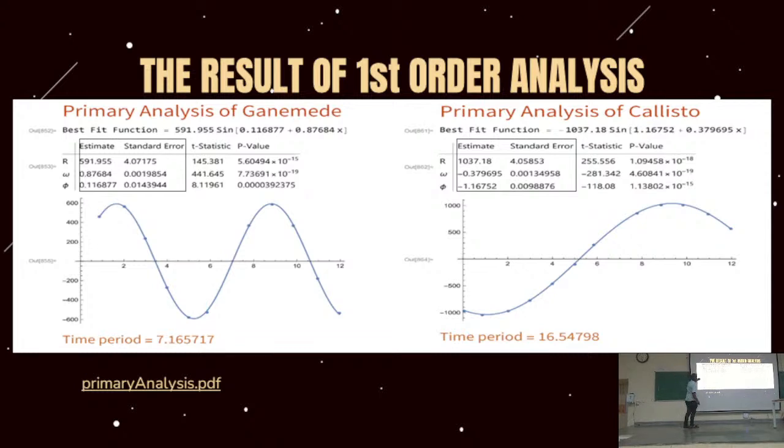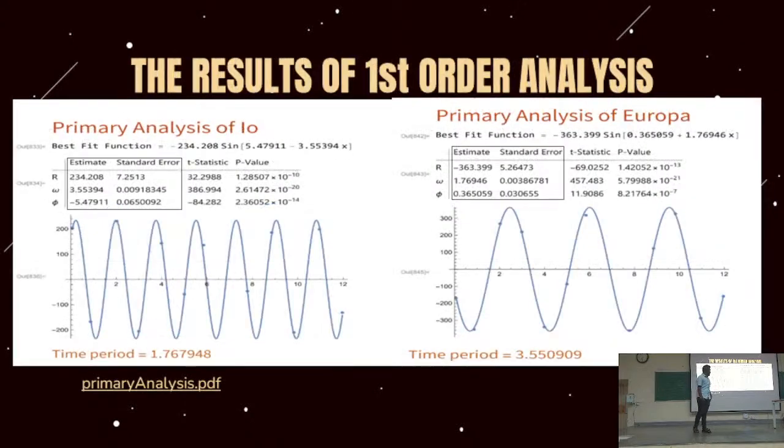Here you can see when we did that for Ganymede, we got a time period of around 7 days, and the error was around 0.001, which is pretty low. Why is it so low? Because we have used the VCM version. Similarly, the time period for Callisto was around 17 days, for Io around 2 days, and for Europa 4 days.